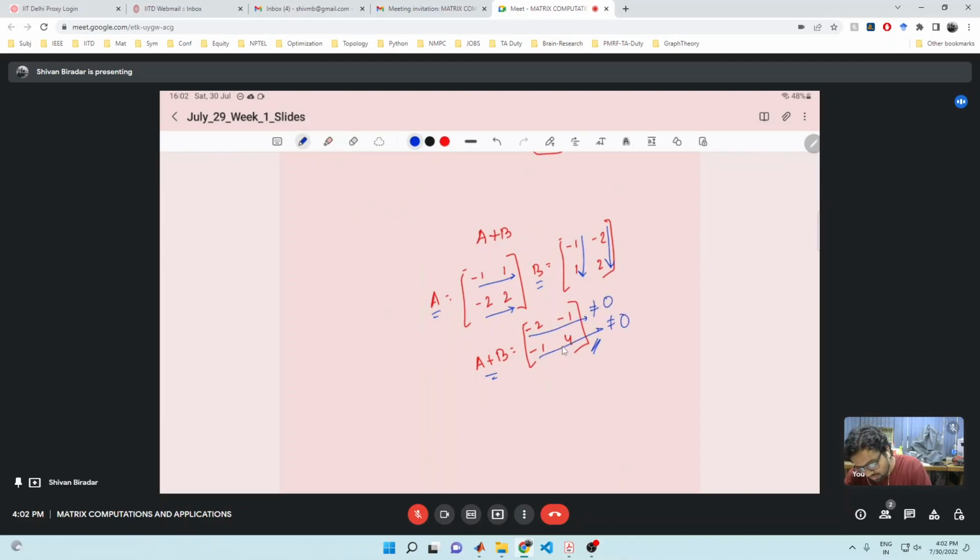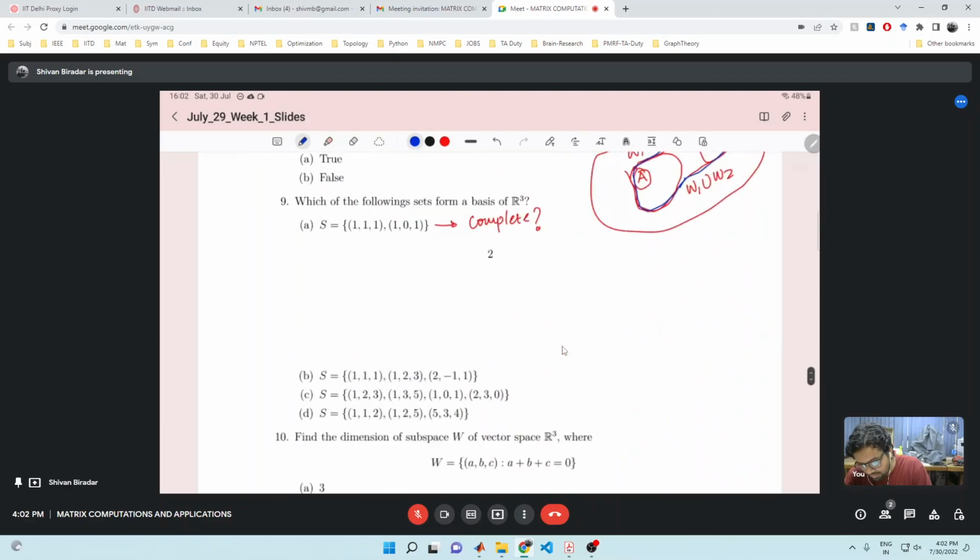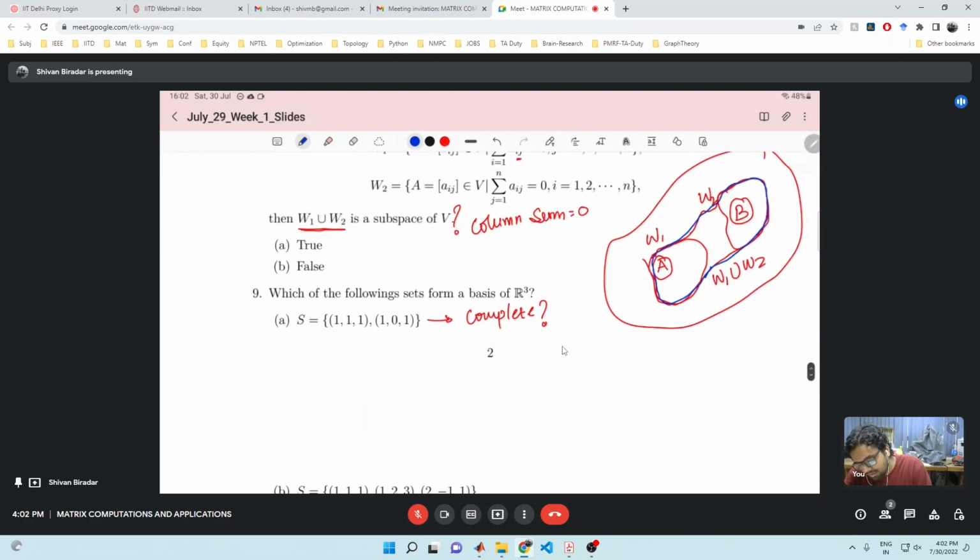Which means that if you add elements in the subset W1 union W2, there is no guarantee that the element you get after adding these two elements will remain in this set. Adding two elements can result in a matrix which is outside this subset. This violates the property of a subspace.